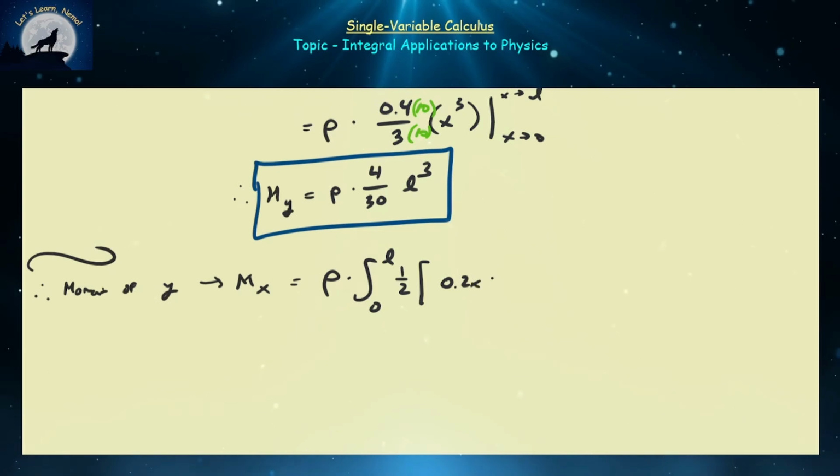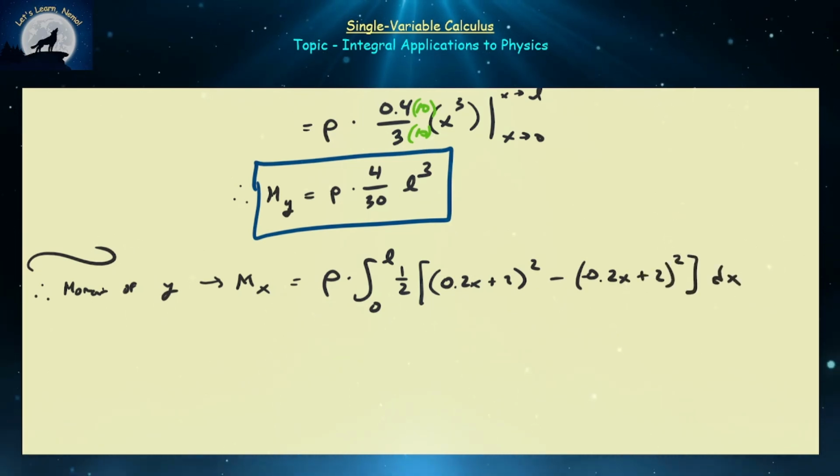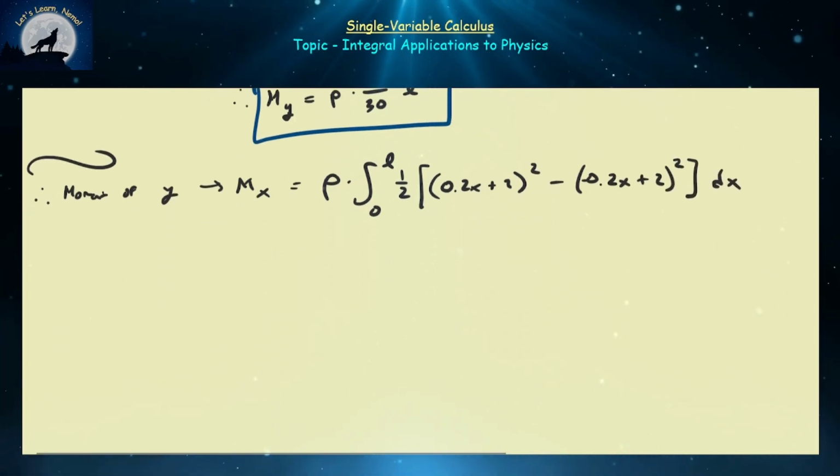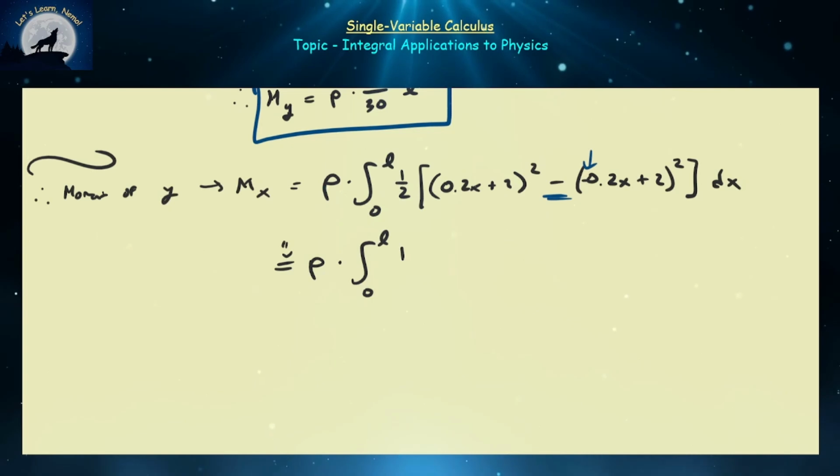So (0.2x + 2) squared minus (-0.2x + 2) squared dx. And be very, very careful when you FOIL those, and make sure to distribute that negative, and don't forget that little negative there. But once you work out all that algebra, what you're going to have is the integral from 0 to L of 1/2, and then you're just going to be left with a lonely 1.6x on the inside.